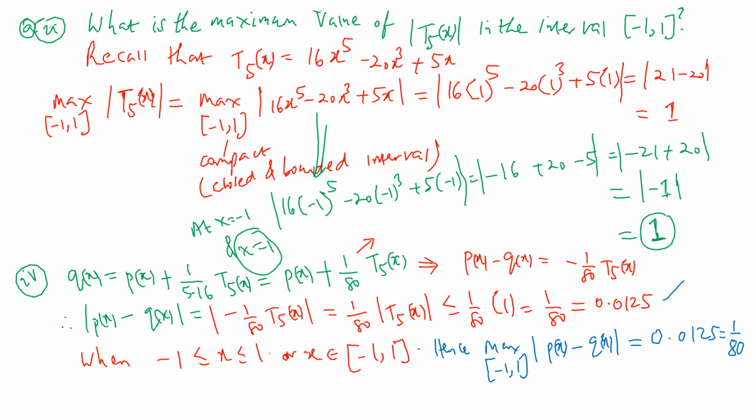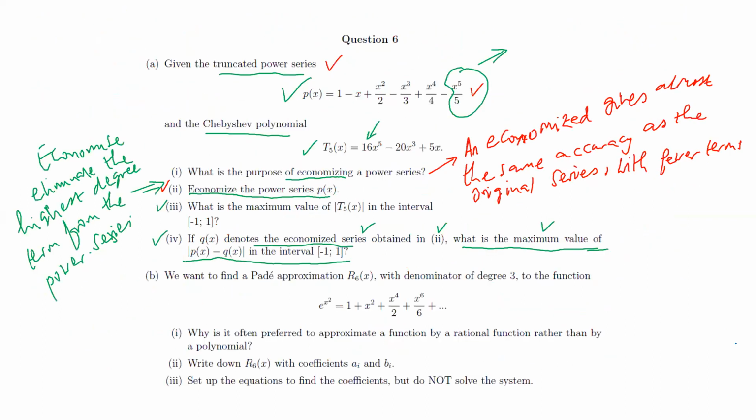Okay. The next question. In view of the economized power series, we were given a power series which we just economized. And economization has to do with just the elimination of the highest order term from the expression.